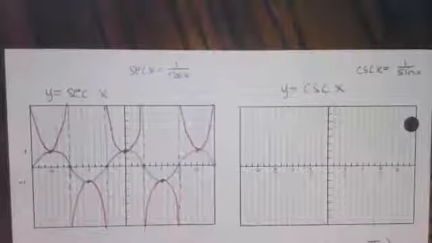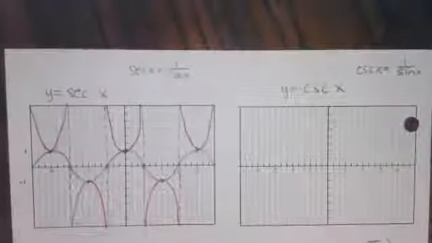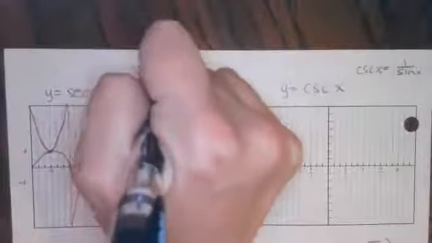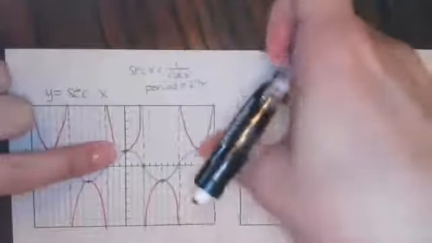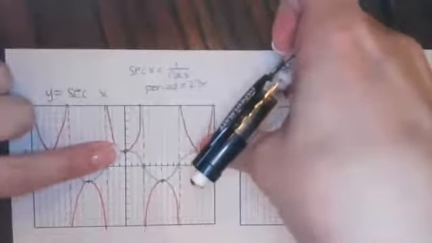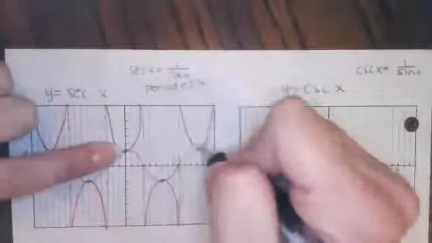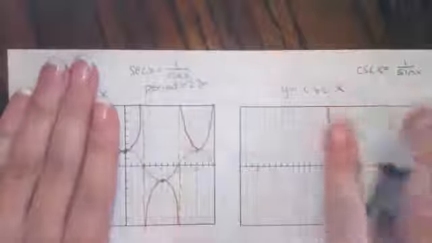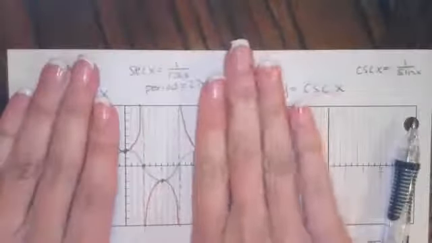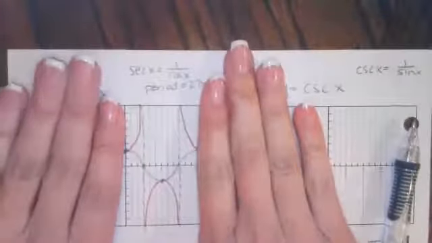Its period is the same as the cosine, 2 pi. So we'll go ahead and put that here. The period is equal to 2 pi because from this 0 to this 2 pi, we have a full cycle. So we've got this side, and then the bottom would be considered one cycle. So let me just mark that off so you can see that is one full cycle of the secant graph right there.